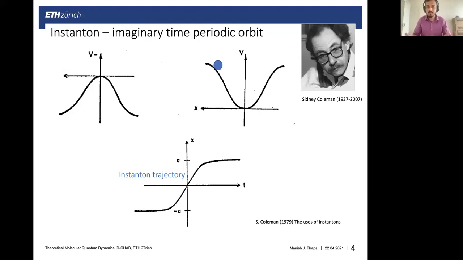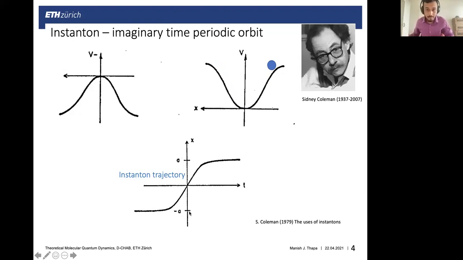Now let's imagine you roll a ball from left to right. So it traces this path, right? Now you invert this back, and the path that is traced by this ball in the inverted potential, when you invert it back again, will give you the instanton, right? So this is the path that the ball traces.